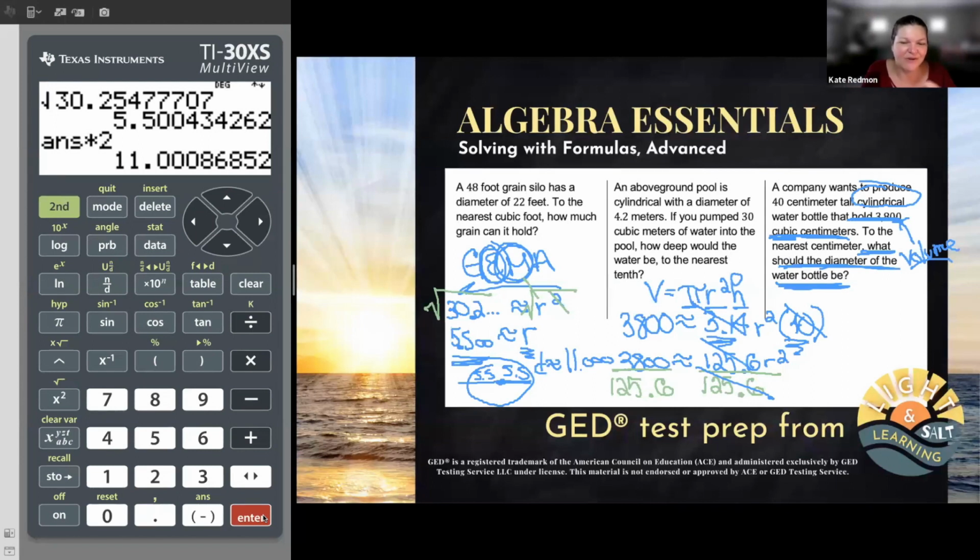They asked for the diameter. I found the diameter. So let's look for rounding directions. To the nearest centimeter, what should the diameter of the water bottle be? Okay, so to the nearest centimeter, once again, we're talking about whole units. So let's go ahead, round right at the decimal and say, okay, that's about 11 centimeters.